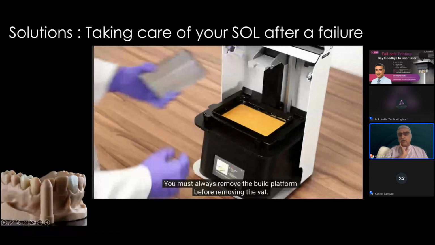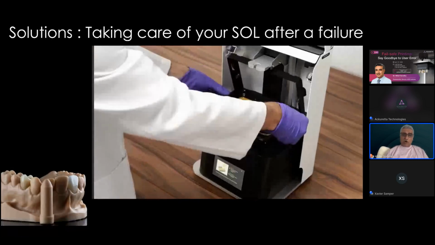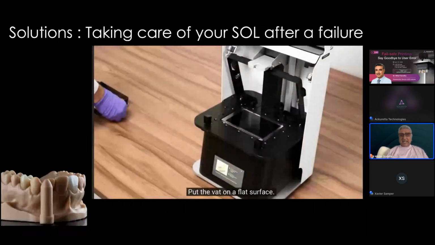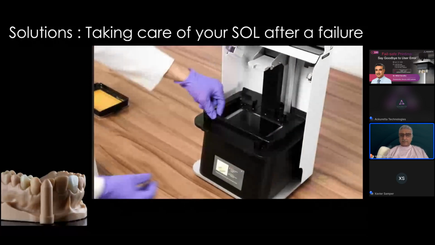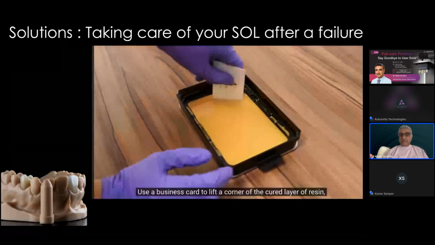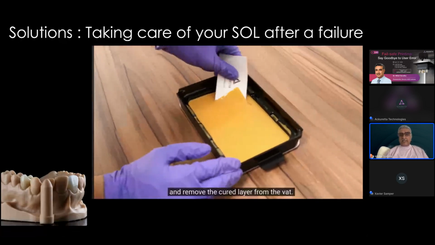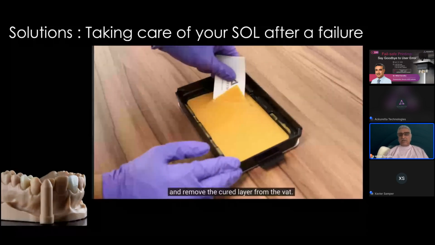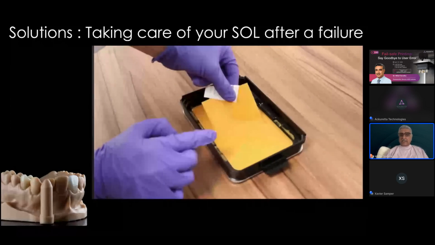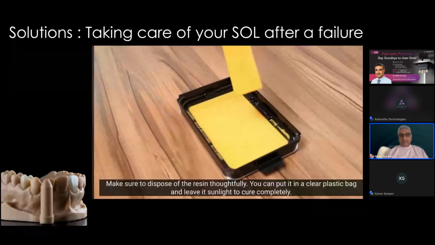And you'll see how you can take out the build platform, take the vat off the printer, and then using something non-metallic like a business card, it's very, very useful to lift up the corner of that cured rectangle of resin and then take that whole rectangle out and throw it out. What that does is it picks up all particular debris that is in the vat.